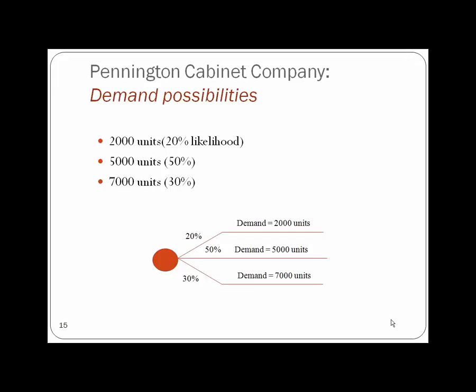You might expect the possible demands to follow something more like a normal curve. And I understand that, and certainly that's true in the real world, but for purposes of analysis, it's often easier to describe demand possibilities using a range of values with probabilities associated with it.